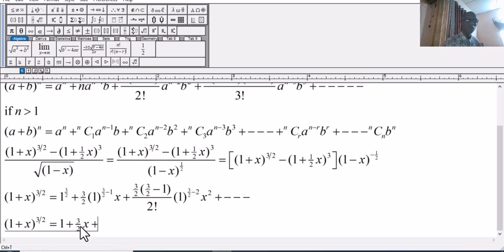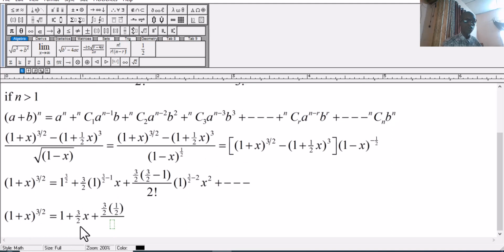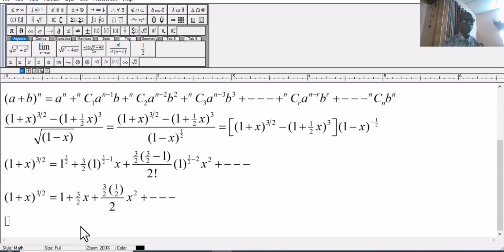Then the next one is plus 3 over 2 into 1 over 2, all over 2, x squared, plus and so on. So copying that again, this gives me 1 plus 3 over 2 x plus 3 over 8 x squared. So that will be the expansion for that.